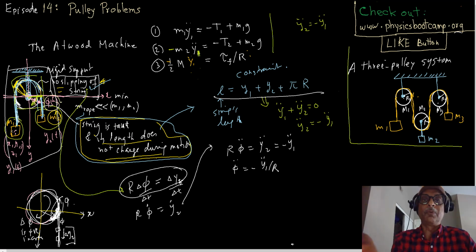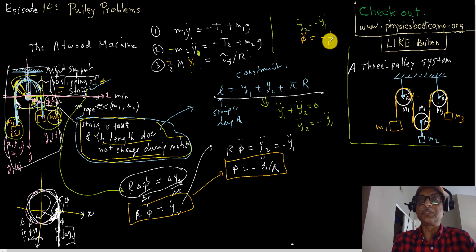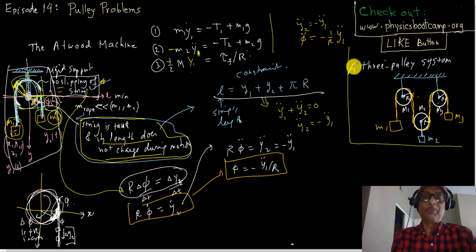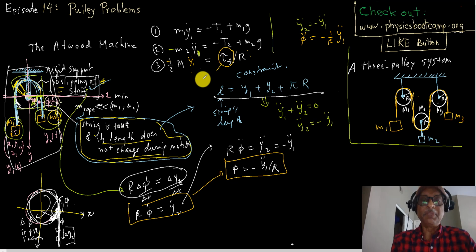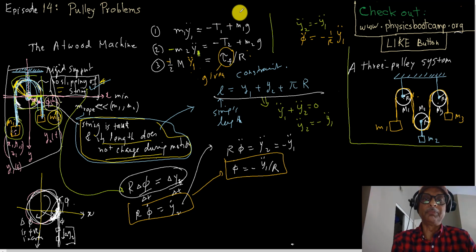Okay, so now we have this constraint leading to this, and so just write down phi double dot equals minus 1 over r y1 double dot. So now this is given, because this is the force I need to be given. All m's are given, and from here we have unknowns.